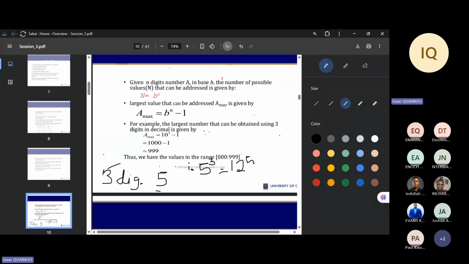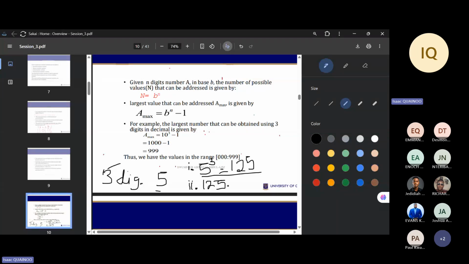Okay, and then if we are asked to find the largest number that can be represented in that particular number system, we take the answer we had here, which is 125, and then we just subtract 1 from it, so minus 1, and the answer is 124.